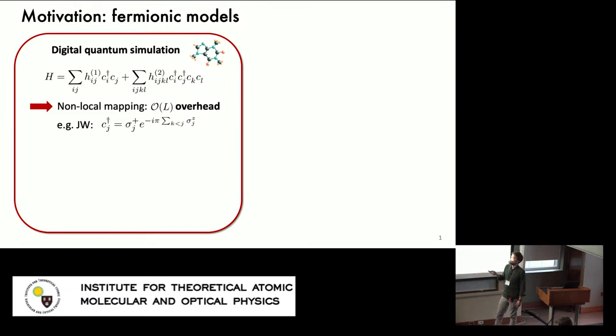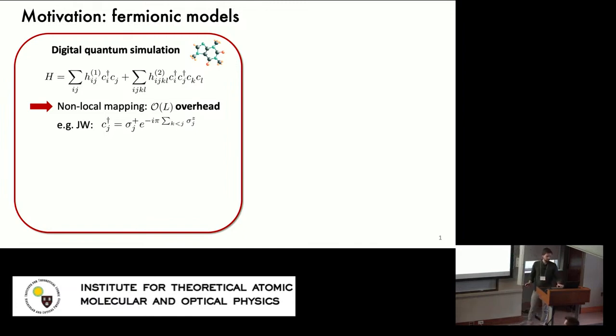This is the famous Jordan-Wigner transformation, where you represent fermionic creation operators directly by spin-1/2 raising operators. And because fermionic degrees of freedom carry different statistics, you have to introduce these Pauli strings here. Generically, this introduces some kind of overhead in the computation. Okay, so the name of the game is to get rid of this overhead.